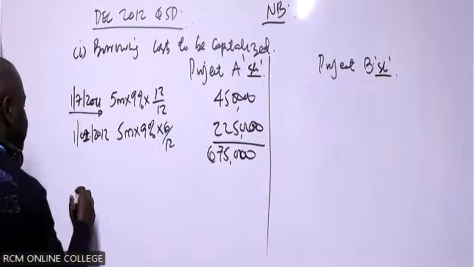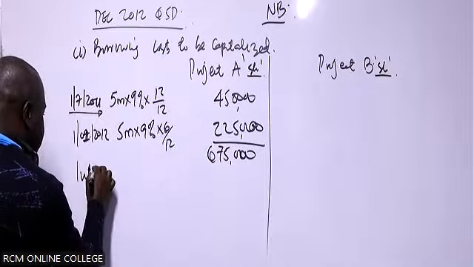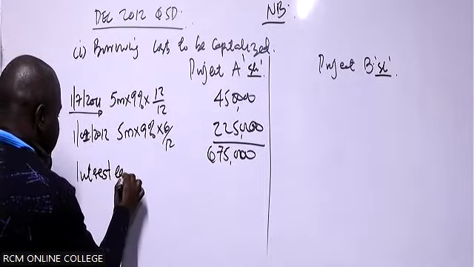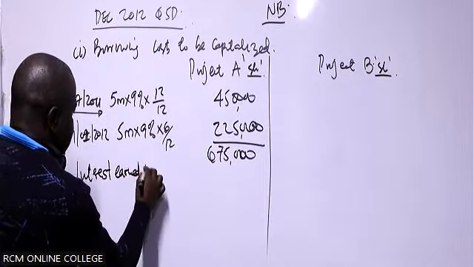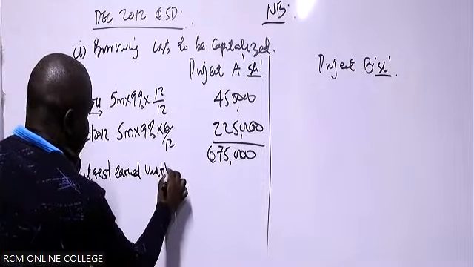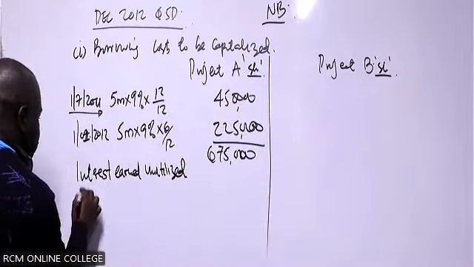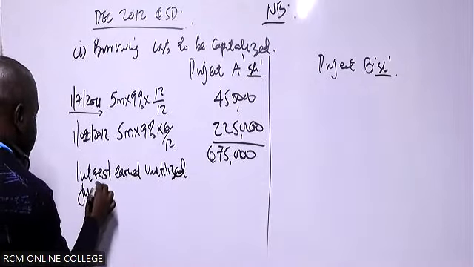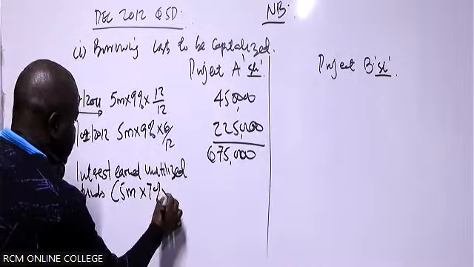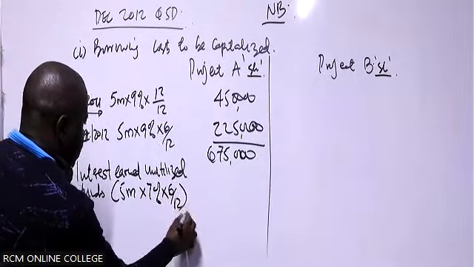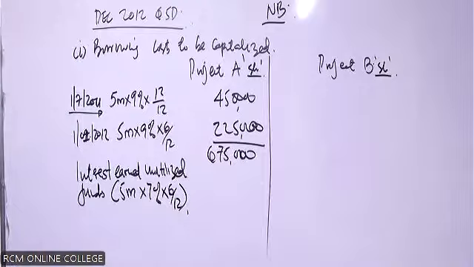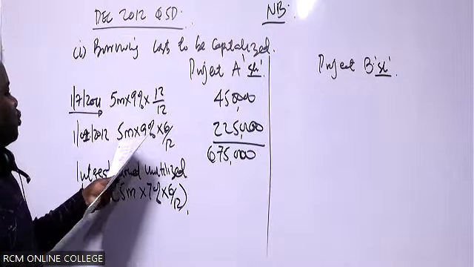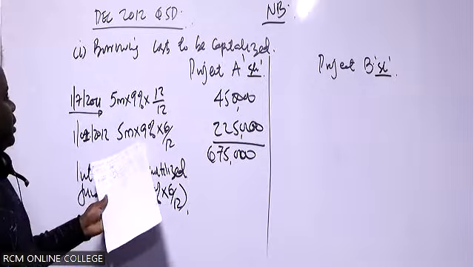So interest on unutilized funds. They were 5 million and they earned interest for how many months? 6 months. So 5 million times 7% times 6 out of 12. How much are you getting as the interest earned? This 5 million, they never invested. This one, they put in January.